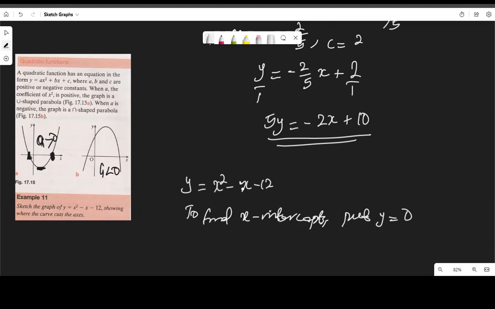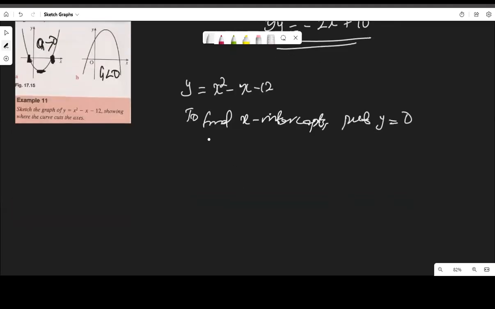If I put y to be 0 in this equation, that means x squared minus x minus 12 is equal to 0. Solving this quadratic equation by factorization, x squared times negative 12 is negative 12x squared. Now look for two factors of negative 12x squared that can add up to this. That should be negative 4x and 3x.